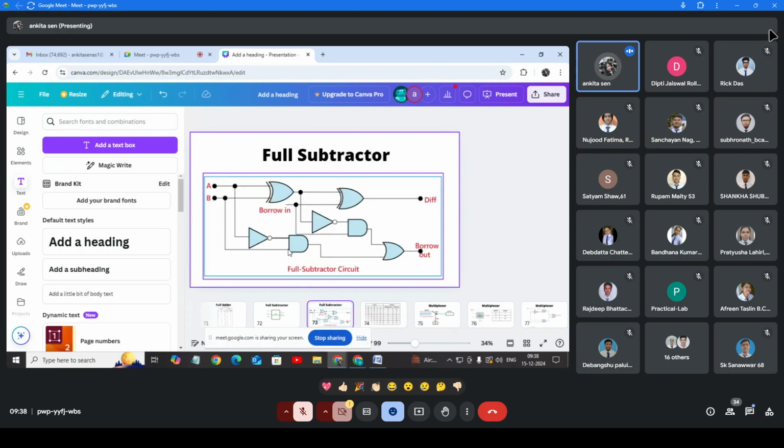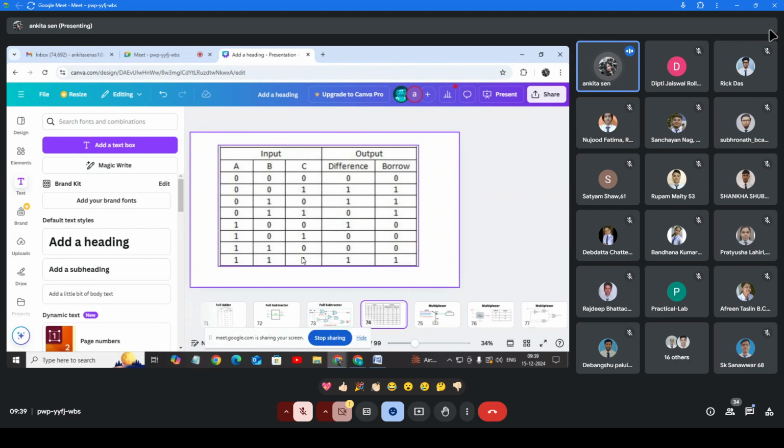You need to remember this circuit. There is no shortcut to remembering, except remembering this circuit. This circuit you have to remember. There is no other way. And you need to put down the input values and the output will be calculated accordingly. Except that, to calculate the output truth table in a quick way, there is a shortcut.